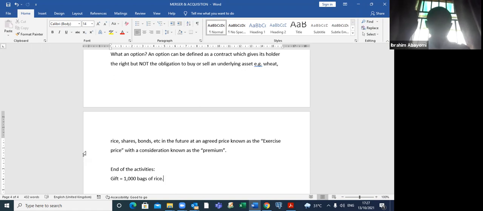And that will cost money. Even if the company has its own warehouse, if the warehouse is used for other purposes, it means they will not be able to use it for that purpose. Therefore, the company may not want to buy the rice today. Today's date is the 13th.